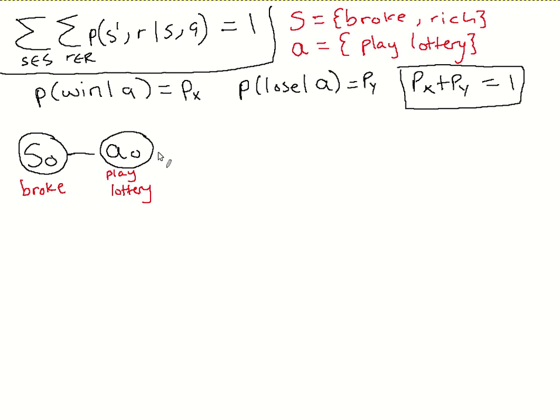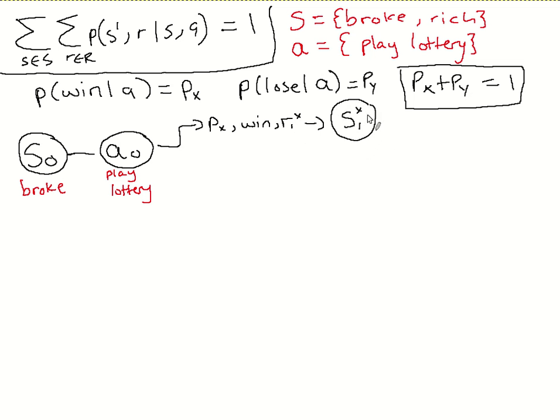So from this state action pair, there are only 2 possible outcomes as we described. First of all, with the probability of Px, we could win. And that would mean getting a reward, which we'll call R1x. And this would lead us into a new state, which we'll call S1x.